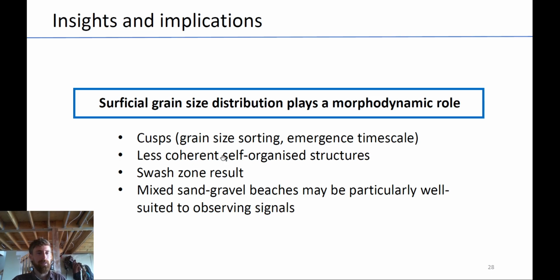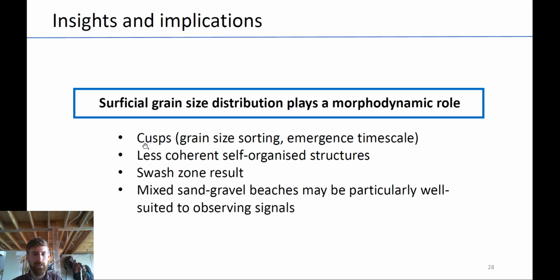So this set of results sort of reminded me of a conversation I had with Paul Hill before a seminar many months ago. I don't know if Paul's here. I'm going to paraphrase what he said, but I hope I do it justice. We were discussing beach cusps forming as a result of a self-organizing process, and he somewhat skeptically questioned why, if they're forming as a result of a feedback process, they're not just forming all the time.